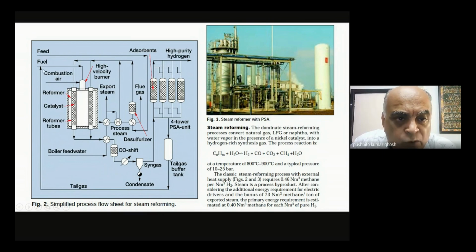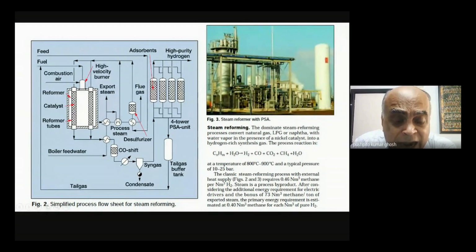You can see fuel is going here and fuel is coming here, and water will go in over here at some point, and that's what is producing your hydrogen in this catalytic reforming process.